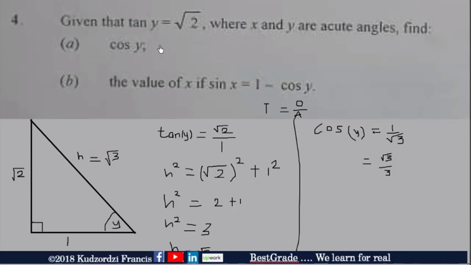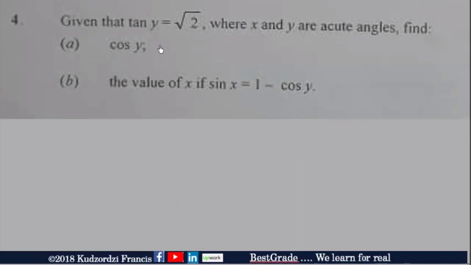We were supposed to find the value of x if sine x is equal to 1 minus cos y. So we found cos y already. So what we need to do is just plug in that value over here.